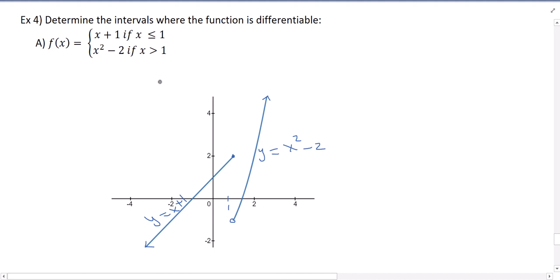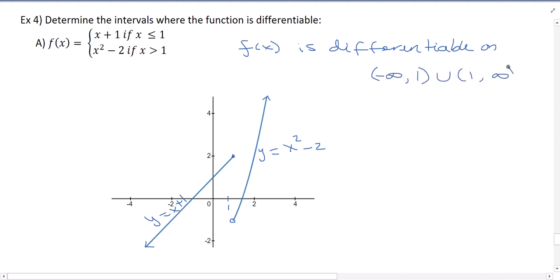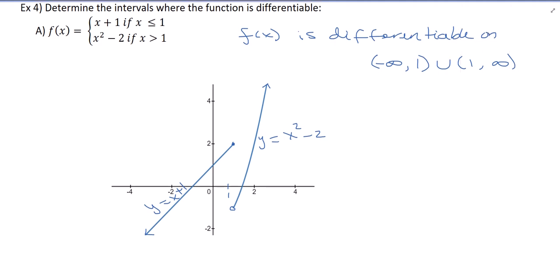So we can say then at x equals 1, this is not differentiable. So we can say then f of x is differentiable everywhere else but that point. So it's differentiable on, it asks for intervals, so I better give it intervals: minus infinity to 1, and then 1 to infinity. So that's where it's differentiable.